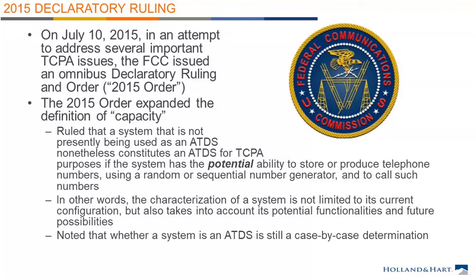The FCC ruled that a system that is not presently being used as an ATDS but nonetheless constitutes an ATDS, well, sorry, let me step back there. It ruled that the system that may not be presently being used as an ATDS will nevertheless be considered an ATDS for TCPA purposes if the system has a potential ability to store and produce telephone numbers using a random or sequential number generator, and then the ability to call such numbers. To put it differently, the characterization of a system is not limited to its current configuration, but also takes into account any potential functionalities or future possibilities.